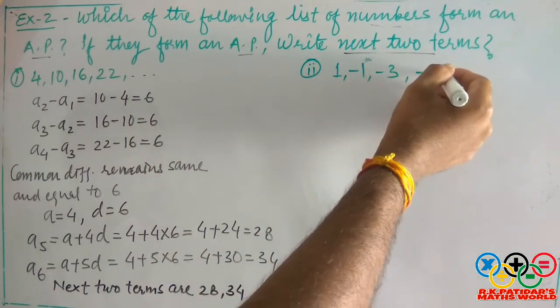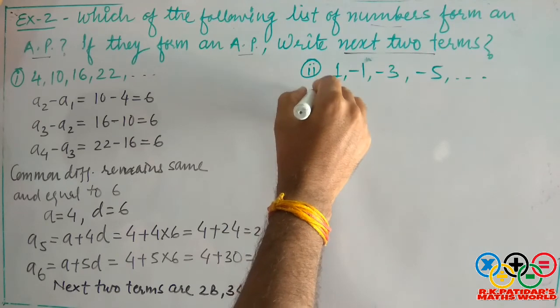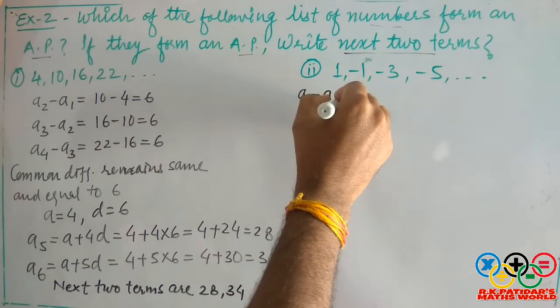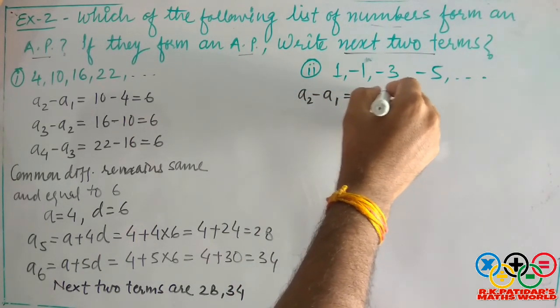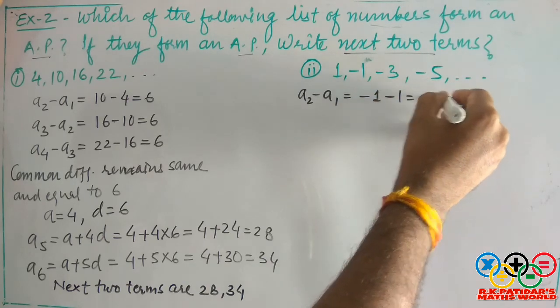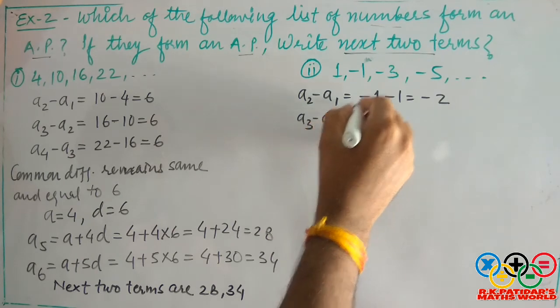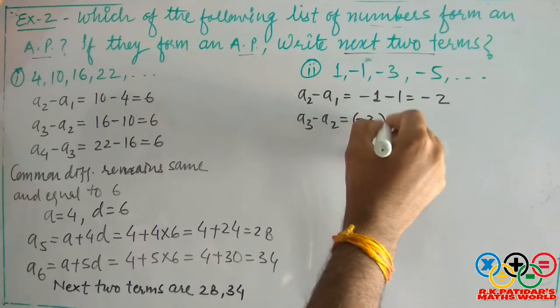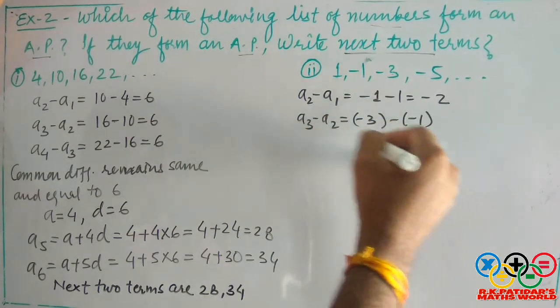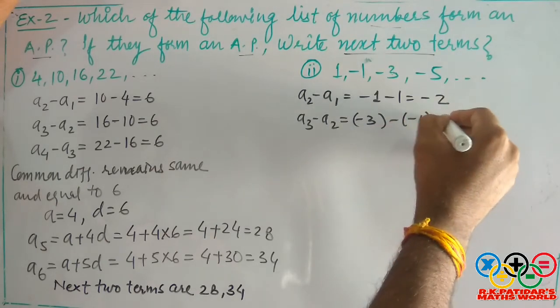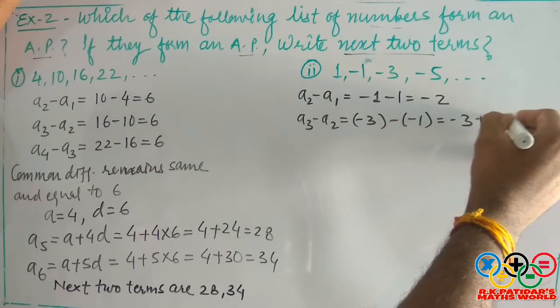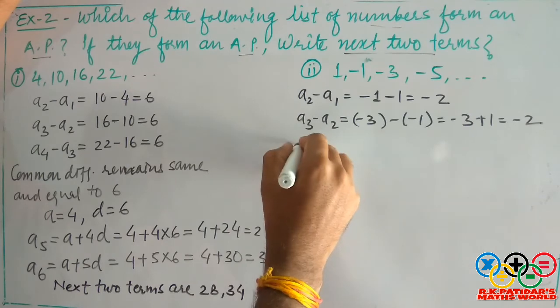See the next second part. Series is 1, minus 3, minus 5. First of all, we will check common difference. A2 minus A1. A2 is minus 1, that is minus 2. Third term minus second term. Third term is minus 3 minus second, minus 1. So it is minus 3 plus 1, that is minus 2.